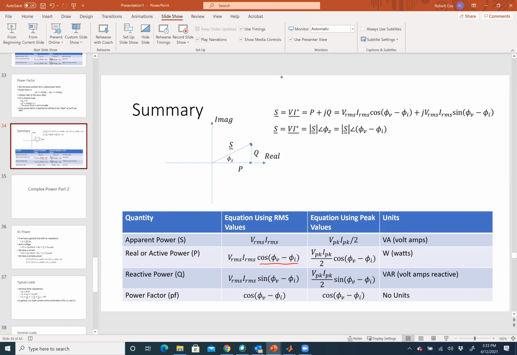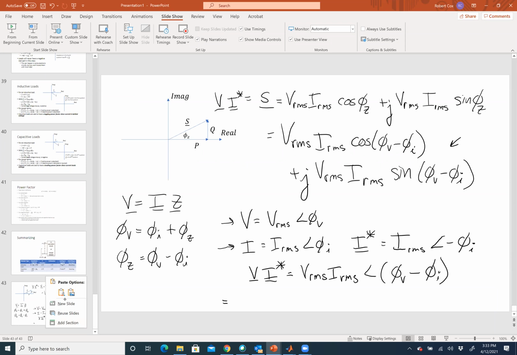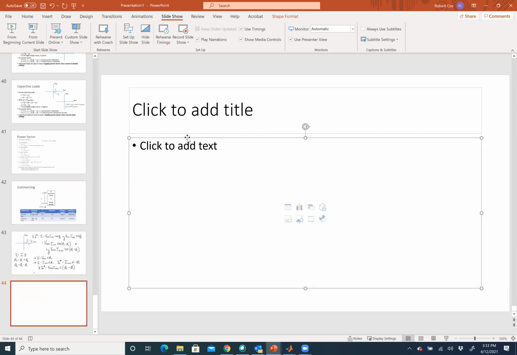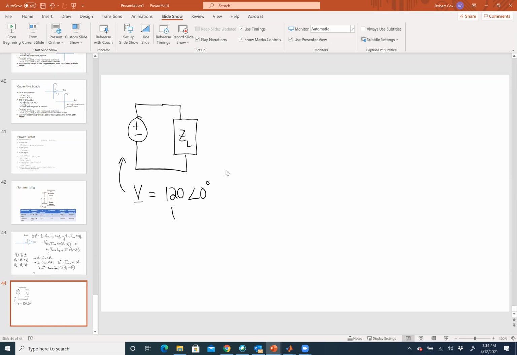So let's look at a typical problem that we might face. Let's say I had this situation. I've got a voltage source, and that voltage source is hooked up to some impedance. Let's say this voltage source is 120 angle 0 degrees, and this is RMS.